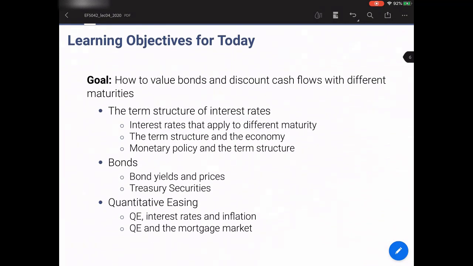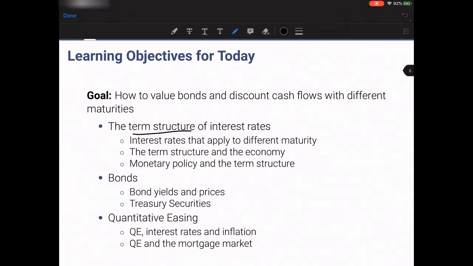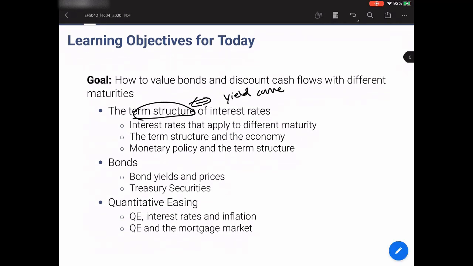So our learning objective today is the following. First, we will talk about the term structure of interest rates. As I mentioned already, the term structure of interest rates is another way of describing the yield curve. The yield curve is just the interest rates you would get across various time horizons, right?